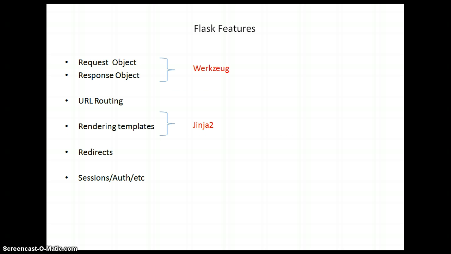So like I said, Werkzeug provides the basic request object and response object to Flask. Werkzeug is the HTTP request handler. Flask provides URL routing. It comes with Jinja 2 templating, which is a method of, when you're working with web apps, you're typically responding with HTML files towards the front end, and you want to provide a template.